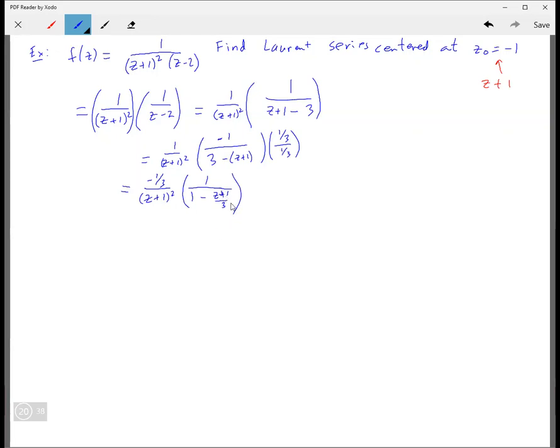Okay, so we have z plus 1 over 3 right here, and so you have 1 over 1 minus something.